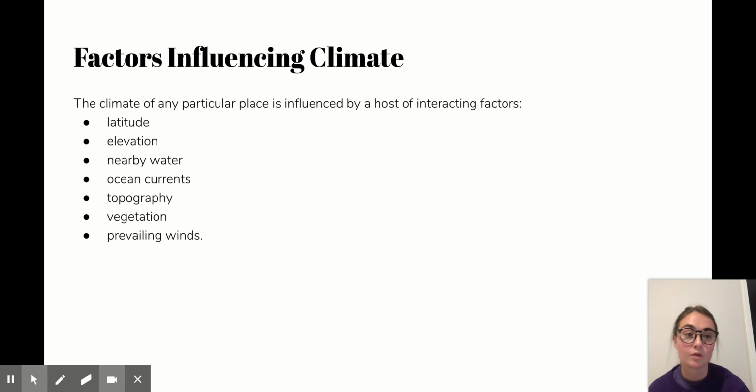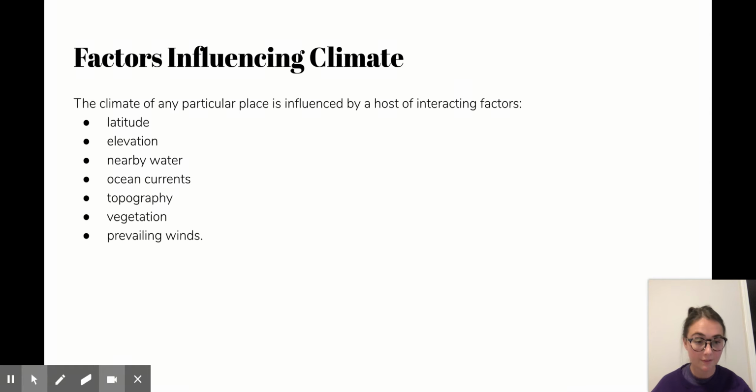So in general, factors that influence climate are latitude, elevation, nearby water, ocean currents, topography, vegetation, and prevailing winds. Latitude is how far north or how far south a piece of land is on the globe. Elevation is, on that piece of land, how far above sea level is it?